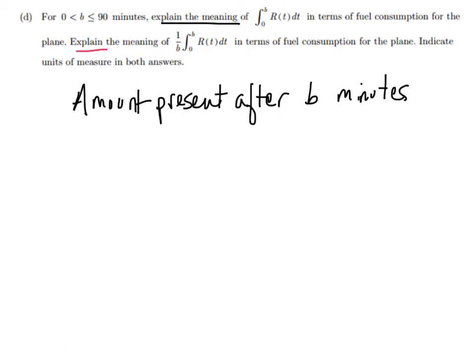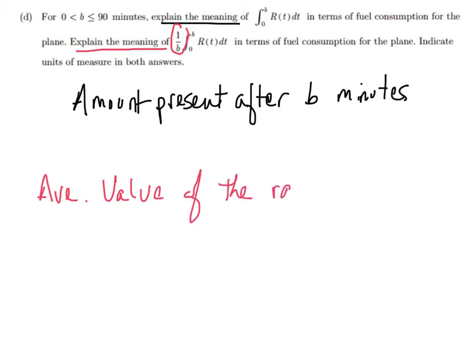Now, next, explain the meaning of 1 over b times the integral from 0 to b. Well, recall that 1 over b makes it an average, so it's the average value of the rate from 0 to b minutes.